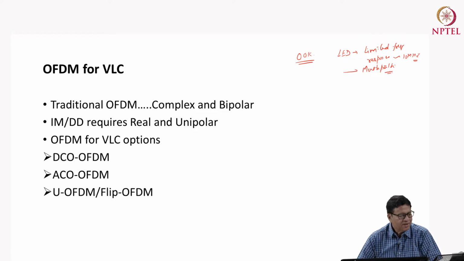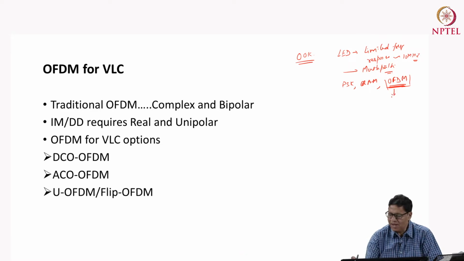So for high data rate, we need to have some different modulation scheme. One can use PSK, or QAM, or OFDM, which will increase the data rate because they are all spectrally efficient modulation schemes. One of the most common techniques is OFDM, and we have already discussed the theory of OFDM.